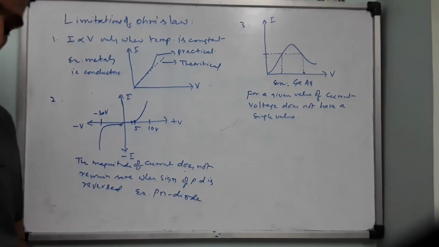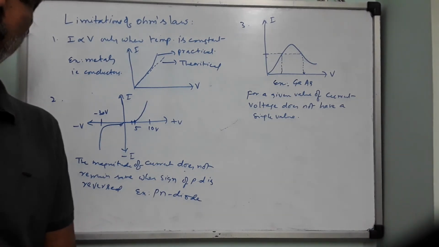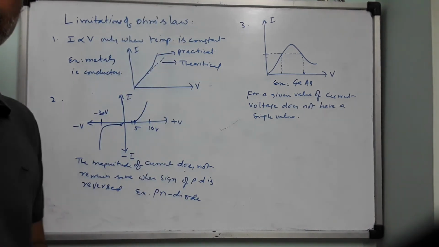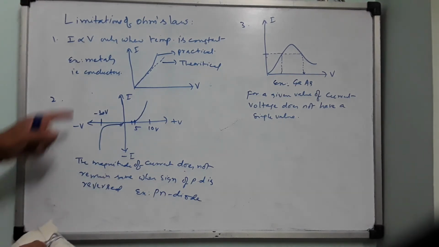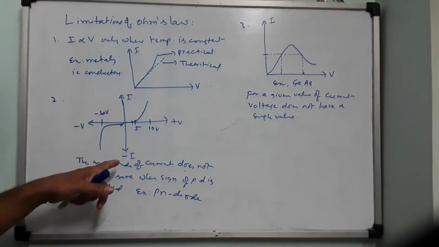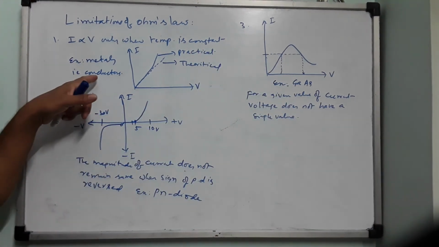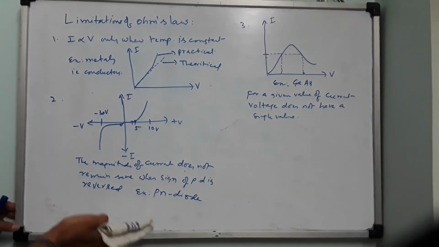So therefore, if you are asked for a 3 marks question, explain the limitations of Ohm's law, then these are the things you should explain. Clear? Right. So one is about metals, other is about semiconductors, the third one is semiconducting compounds.